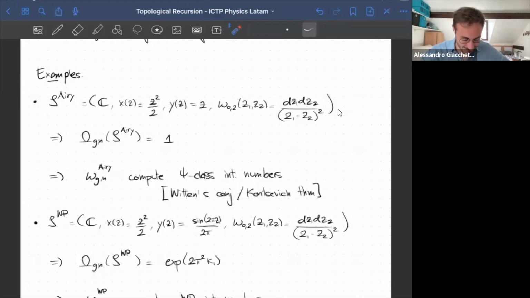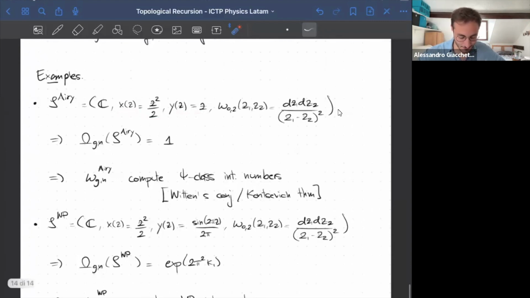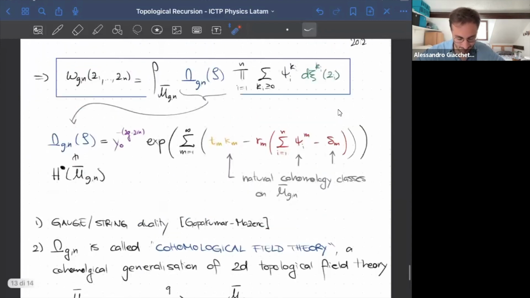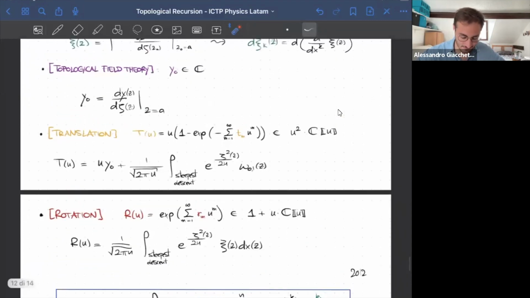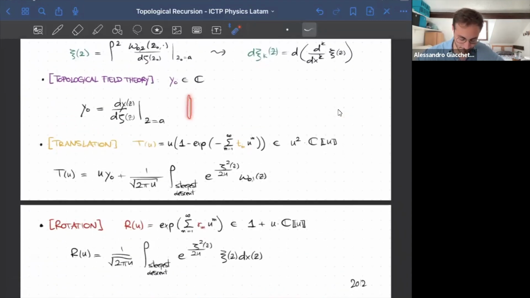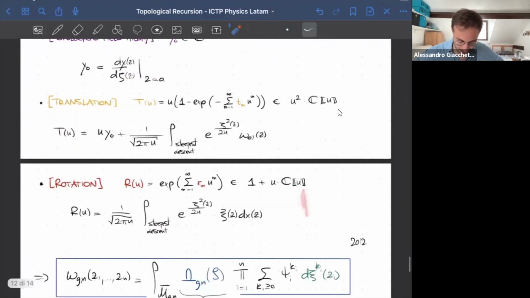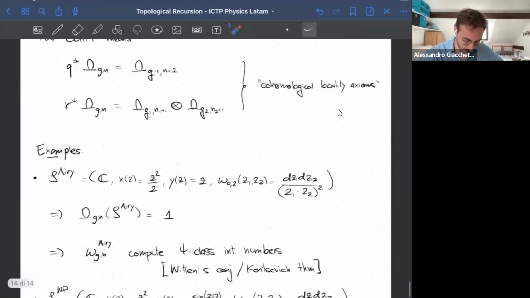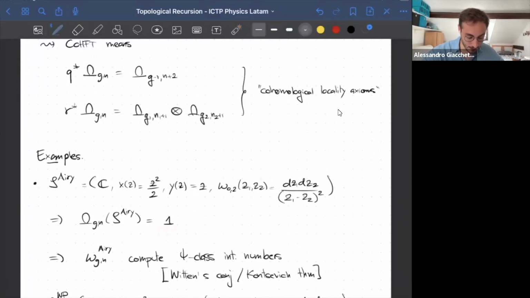Yeah, so if you remember, the first example of spectral curves was the Airy one, where you take x to be z squared over 2 and y to be z. And if you go through all these computations, the topological field theory, translation, and rotation, you end up with something trivial. You will end up with the element 1 in cohomology.